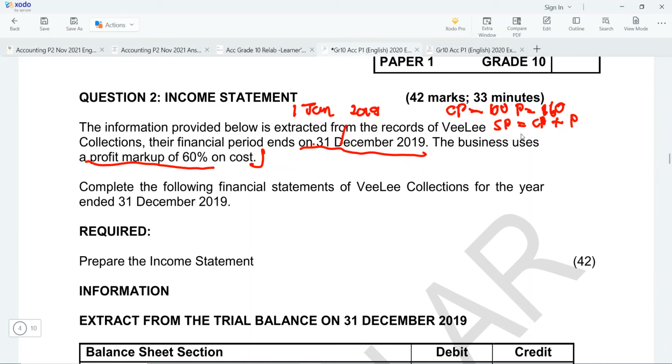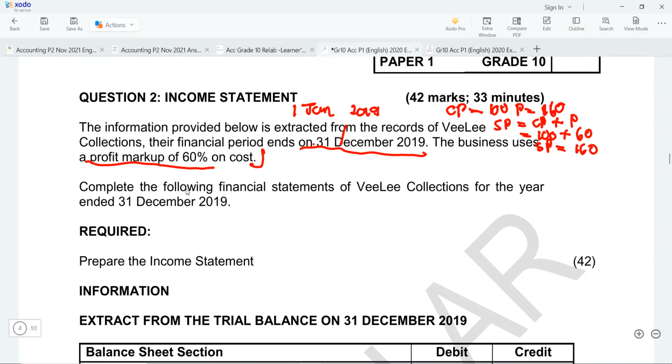In this case, our cost price is 100% and our profit is 60%. So our selling price is equal to 160%, the sum of your cost price plus the profit that you want to make. That's how you determine your selling price. This information is going to help us a lot when we do our calculations.